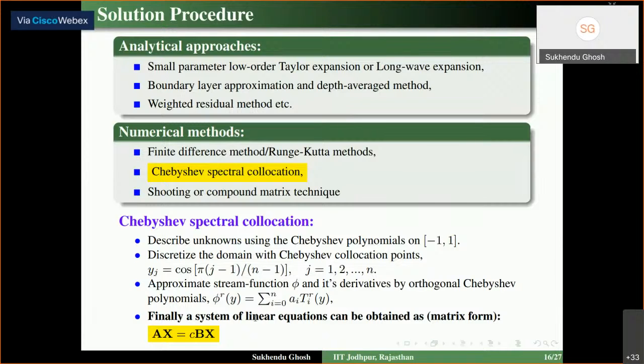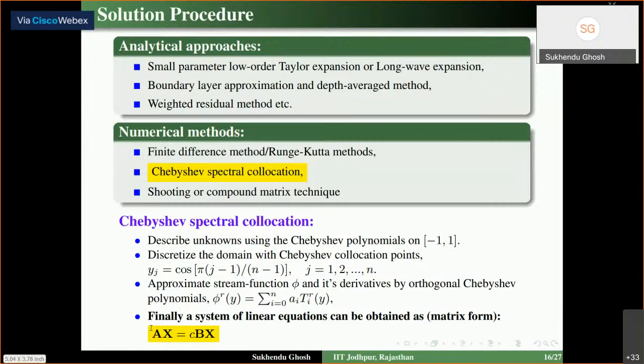And you are already familiar from earlier classes with how to solve a system of linear equations using eigenvalues and eigenvectors.